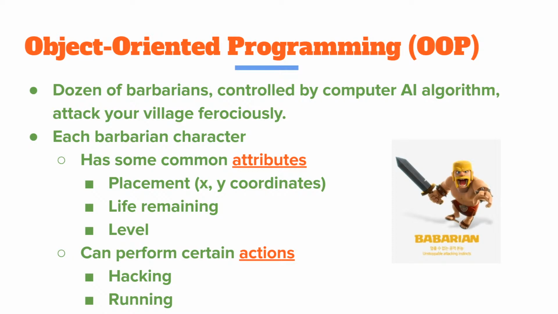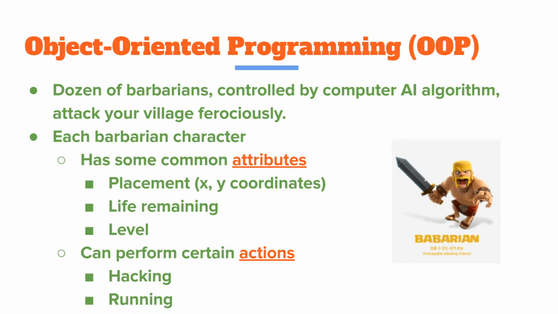So we look at, say, placing down a bunch of barbarians when attacking a village. We can see that these barbarians are controlled by a computer algorithm, presumably something along the lines of AI. They attack the village, and each barbarian character shares some attributes with other characters, and also shares some actions with the other characters.